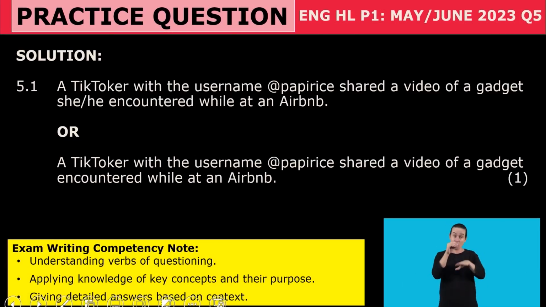So the problem here is the pronoun. He or she could be replaced there, or you can change the sentence to a TikToker with a username shared a video of a gadget encountered, so avoiding the pronoun completely, for 1 mark.